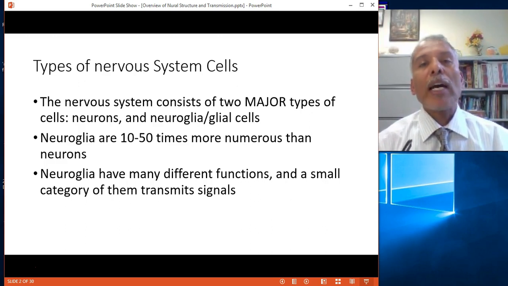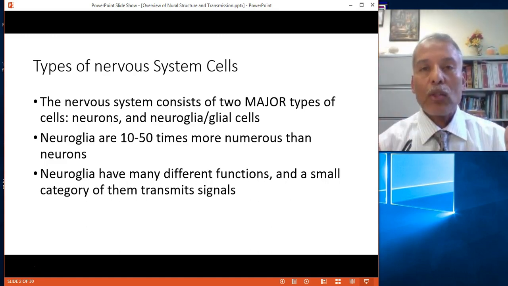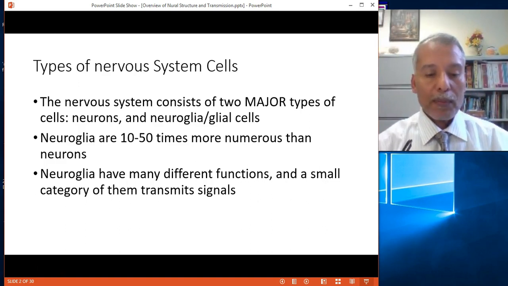Looking at the nervous system in general, there are two categories of cells that make it up. One category is called a neuron, and all of us know what a neuron is. The other category is called neuroglia, or glial cells.